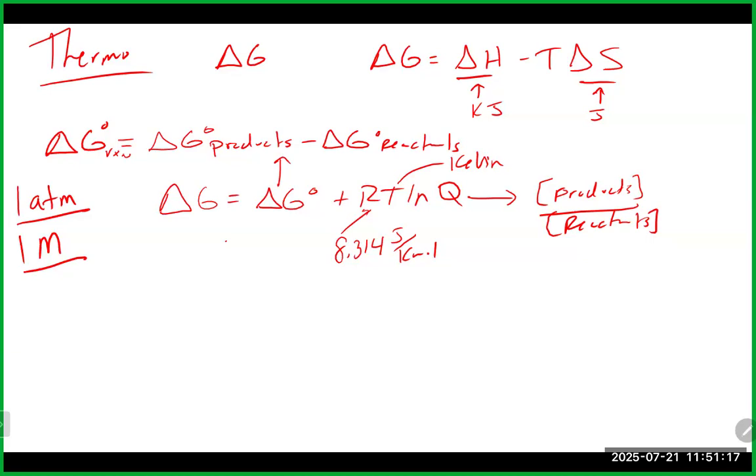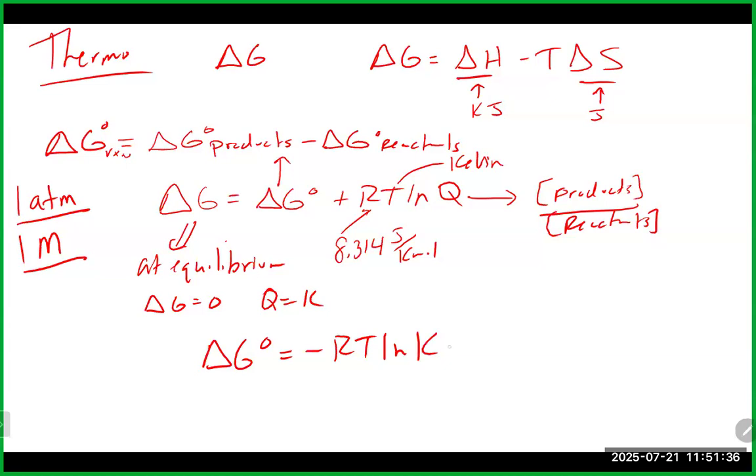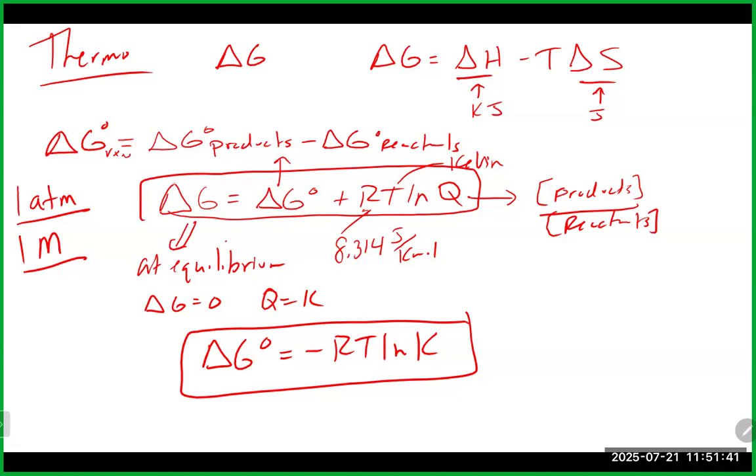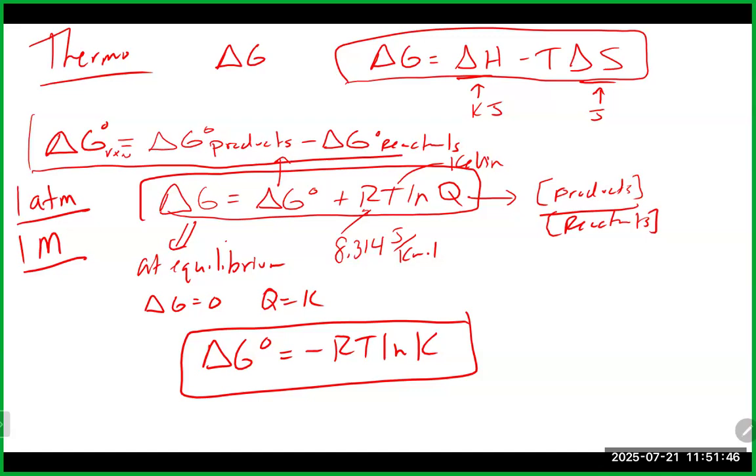Lastly, we saw the relationship between delta G and K, and we could get that at equilibrium, where delta G equals 0 and Q would equal K. That gets us to this fourth delta G equation that relates the equilibrium constant. So we have a few different delta G equations, and which one to use, as we talked about last time, is probably based on the information given to you in the problem.